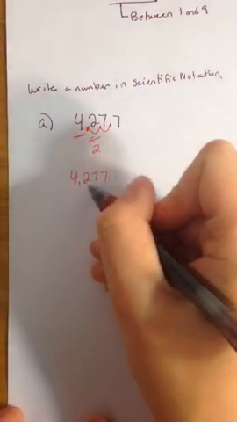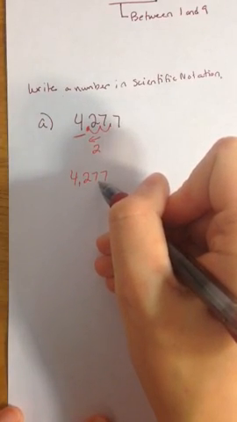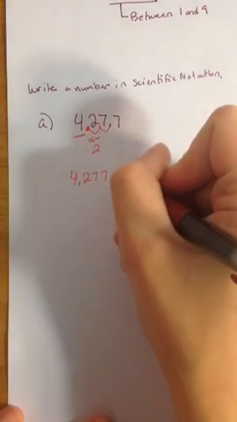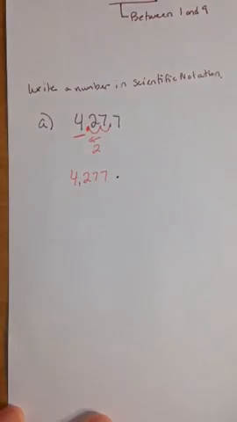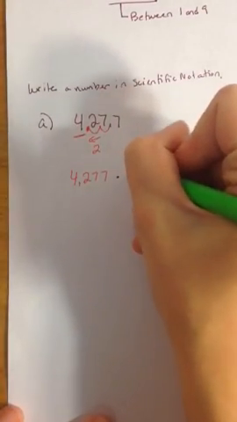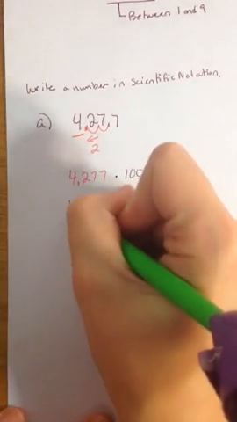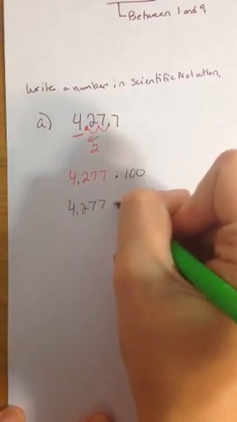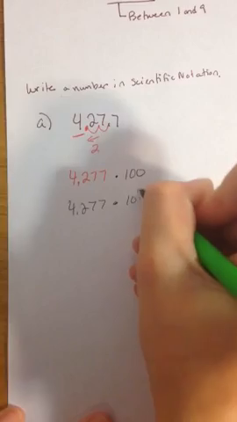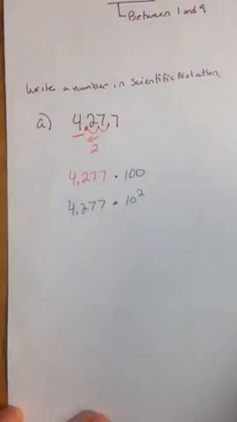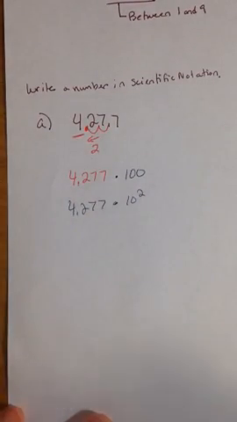If I ever wanted to go back to my original number, I'm moving it 2 places to the right. So I would need to multiply it by 100 to move that decimal place over. Well, 100, if I write it in exponential form, which we learned how to do last week, is 10 squared, because 100 is 10 times 10. So that's one way to write it in scientific notation.